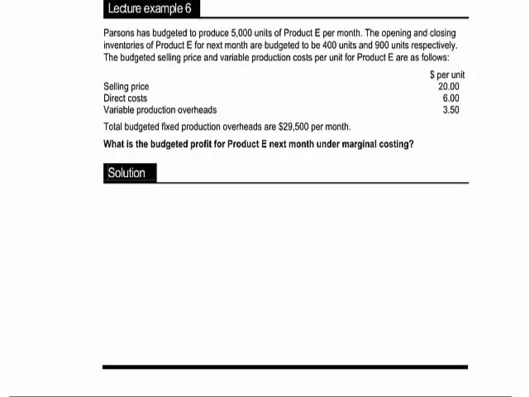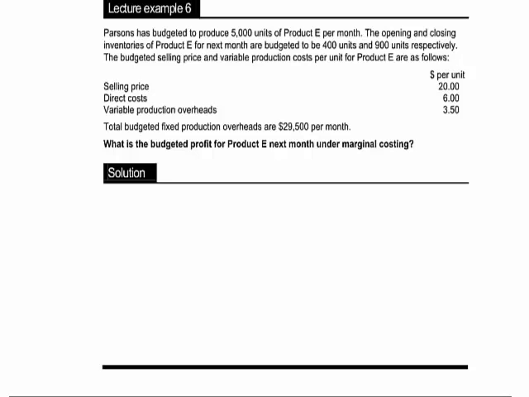In example 6, we're going to have a chance to put that shortcut into practice. We're given some information then for Parsons about its budgeted production of product E's, which are 5,000 units per month. And we're given some information about how many units we are going to have in stock at the start and the end of the month, as well as information about the actual product and the fixed costs.